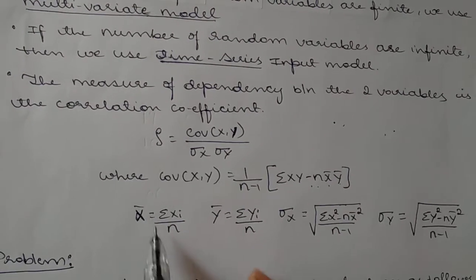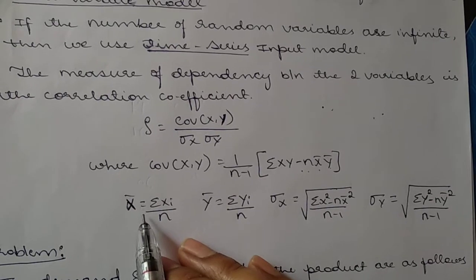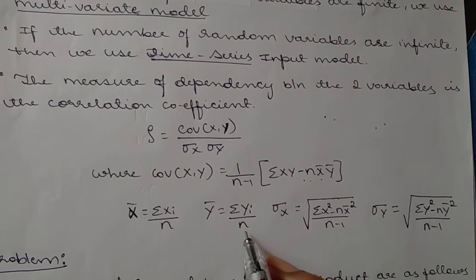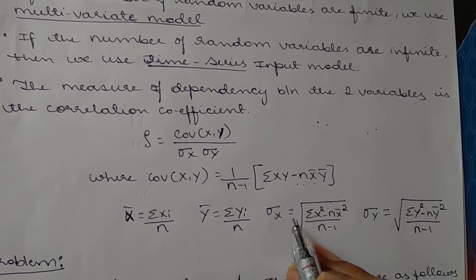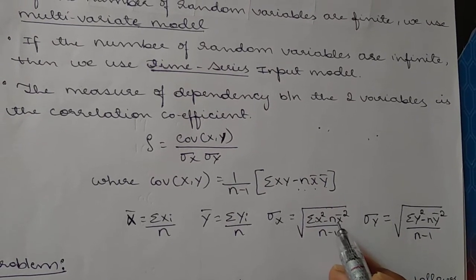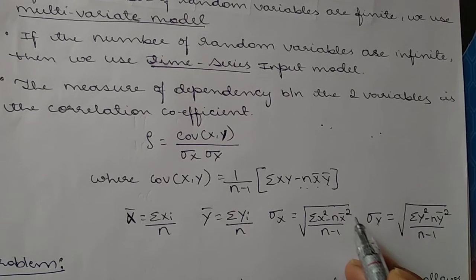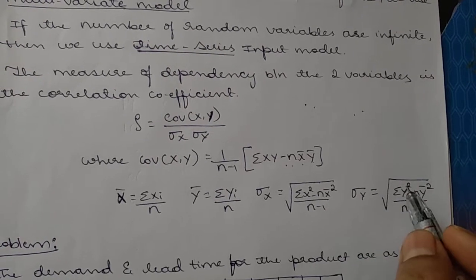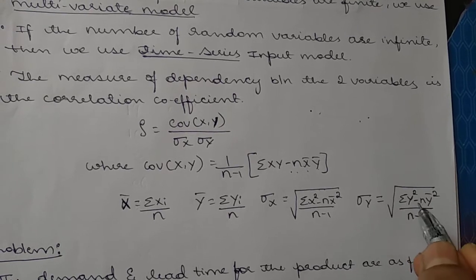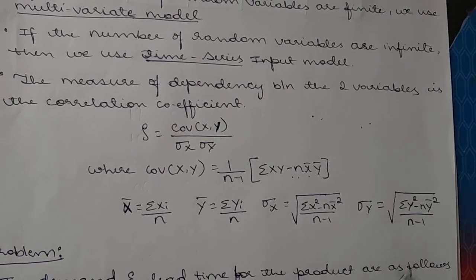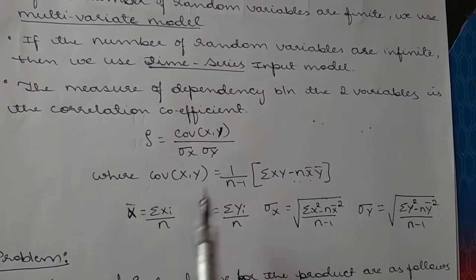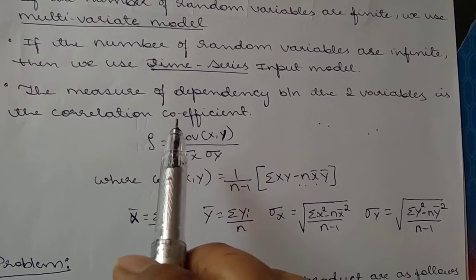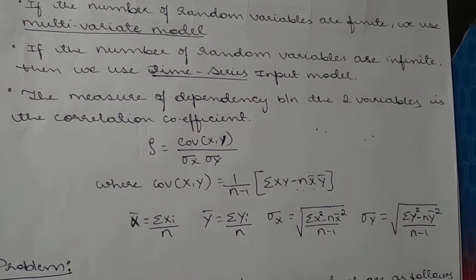X bar we already did in the chi-square test, that is summation xi divided by n, y bar is summation yi divided by n, and sigma x is given by summation x square minus n into x bar whole square, divided by n minus 1. Then sigma y in the same way: summation y square minus n y bar square, divided by n minus 1. These are the standard formulas you have to find to do the multivariate problem.